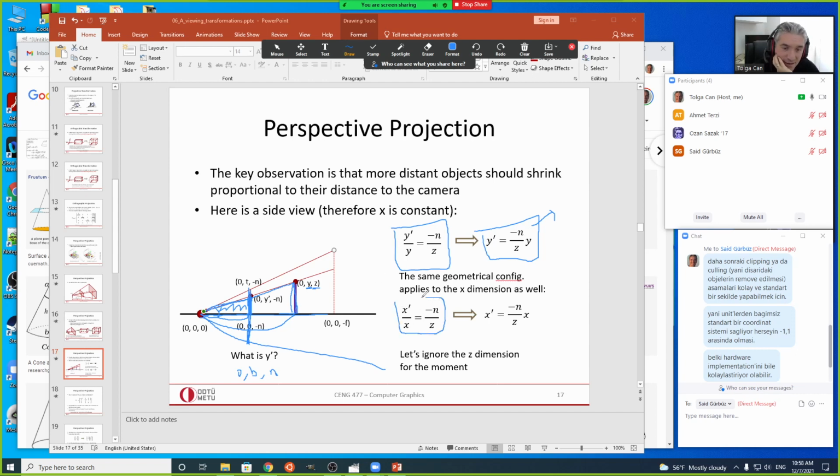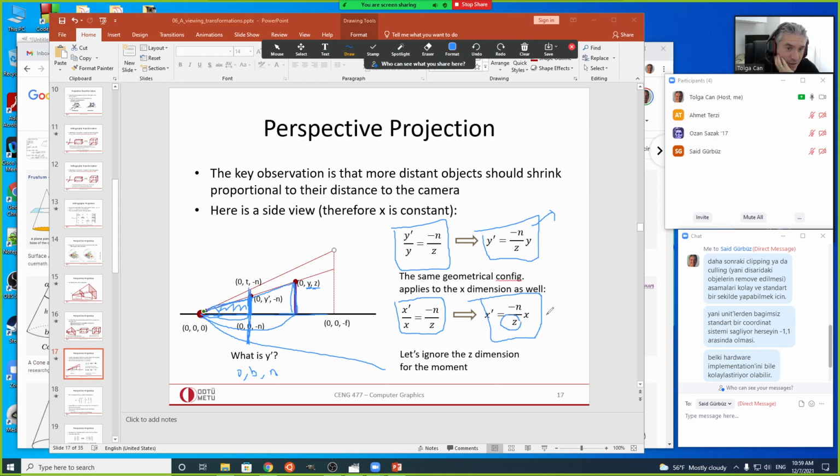We get the exact same equation by using similarity of triangles. So this is the other equation we have. So x prime and y prime, which are the projected coordinates on the near plane, could be found by this equation, minus n divided by z times x. So it's actually a scaling of y and x with respect to z.